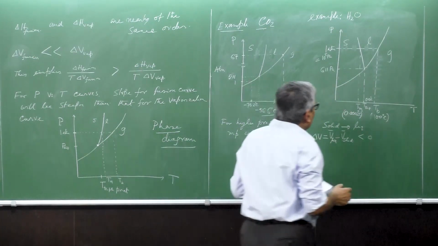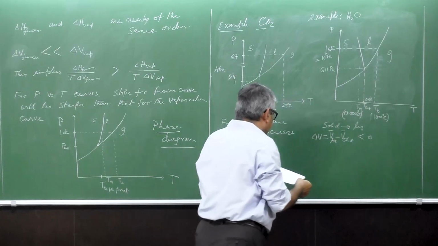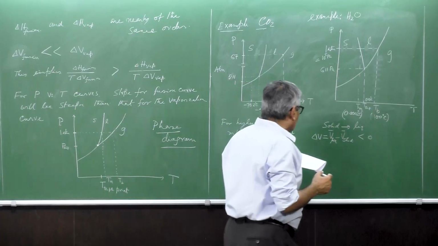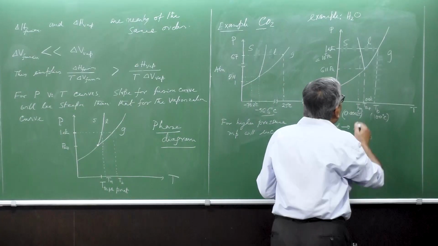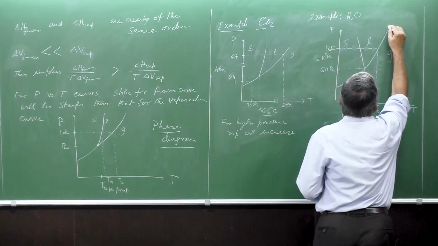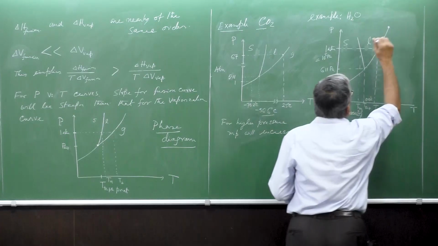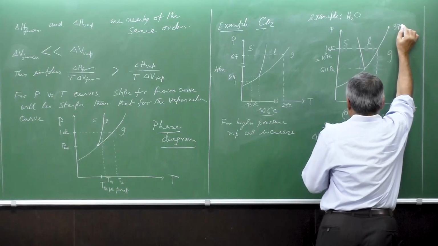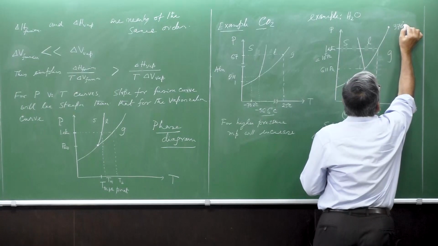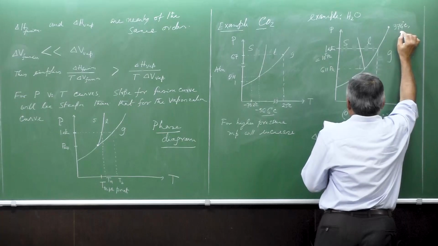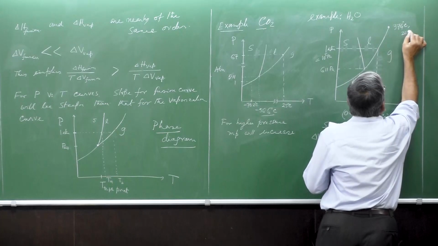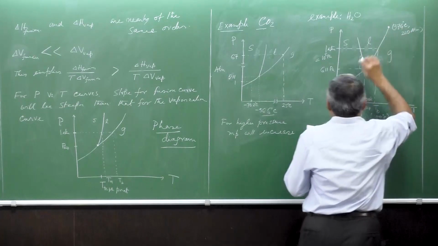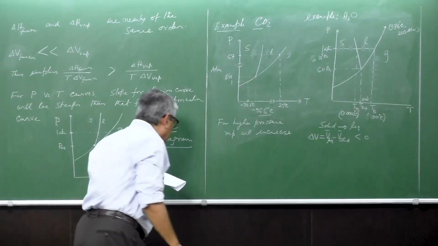So this is a typical case, and if we go on increasing the temperature, at a very high pressure and temperature we will find new phases, that is at 374 degrees centigrade and pressure 220 atmospheres.